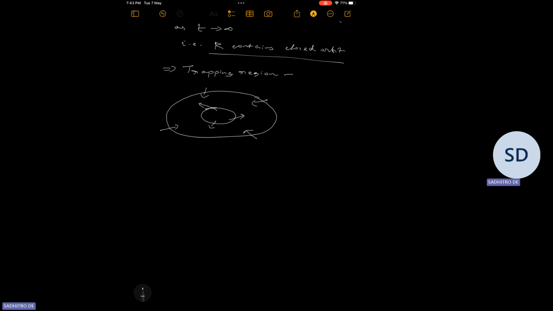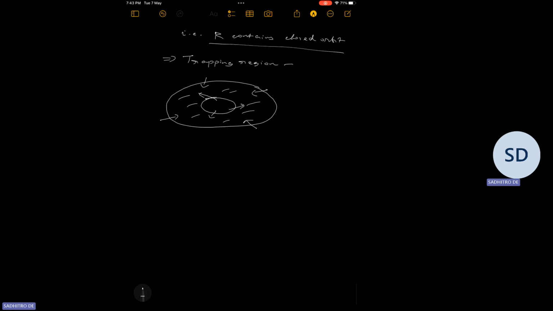So you see, it is as if all the trajectories which start in this in-between region remain trapped in this in-between region because of the vector fields on the boundary. So this is how one can define a trapping region. A characteristic of a trapping region is that the vector field on its outer boundary will point inwards and the vector field at every point on its inner boundary will point outwards. And that's what defines a trapping region.